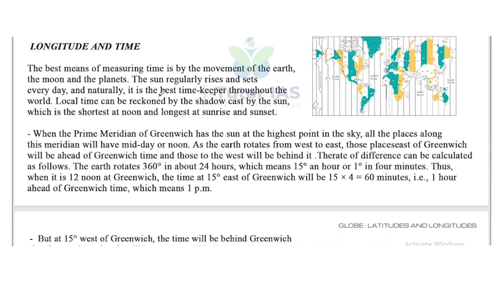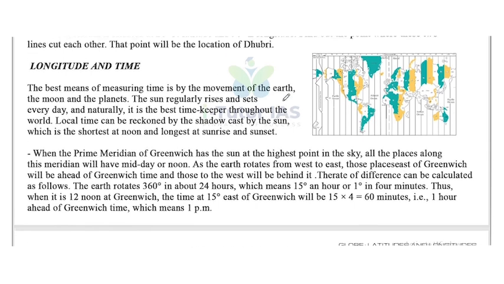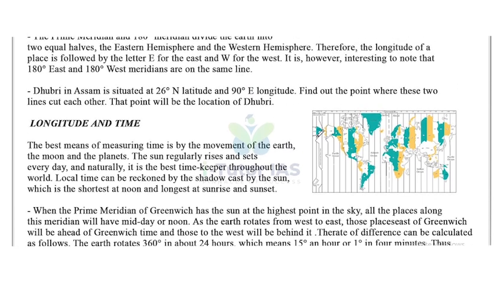As the Earth rotates from west to east, those places east of Greenwich will be ahead of Greenwich time, and those to the west will be behind it. We know Earth is rotating from west to east. This dotted line is known as Greenwich, that is 0 degree.